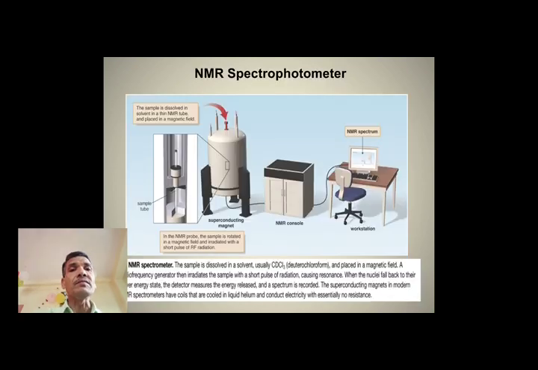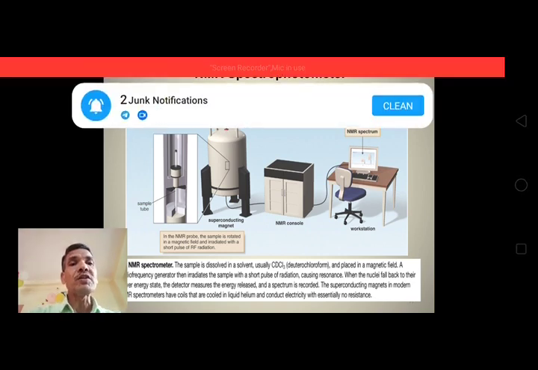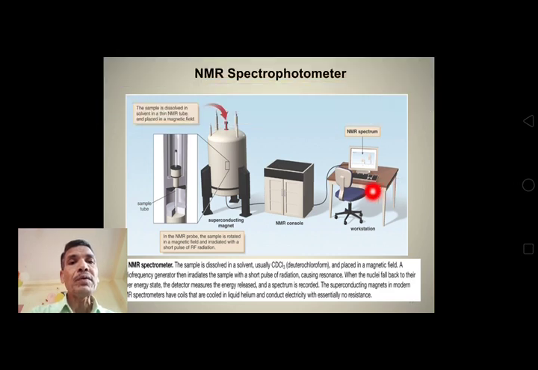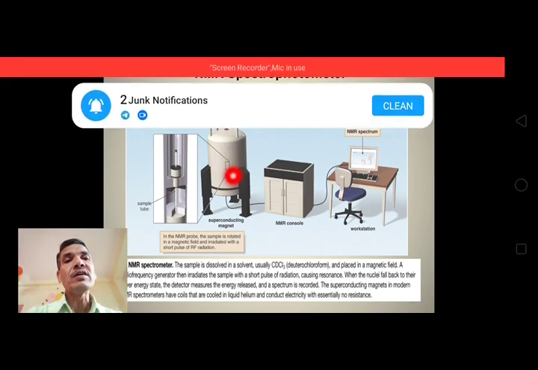This is the modern NMR spectrophotometer, where in the NMR probe the sample is rotated in a strong magnetic field and irradiated with a short pulse of radio frequency radiation. This is the NMR probe within which a sample is kept, which is surrounded by a radio frequency radiator.